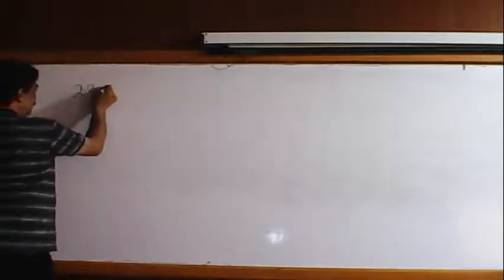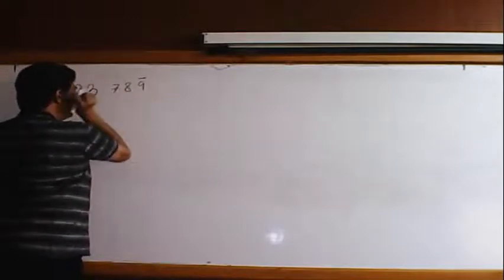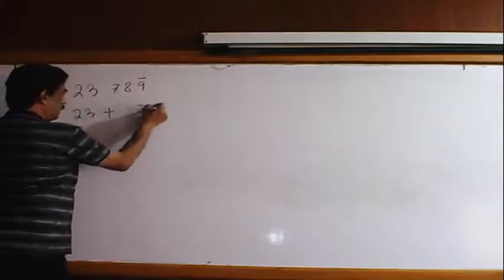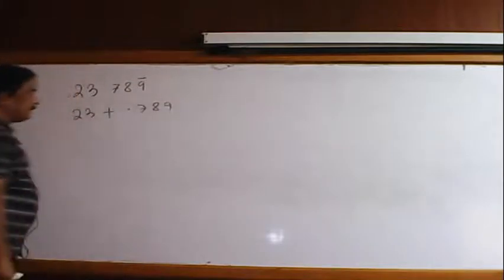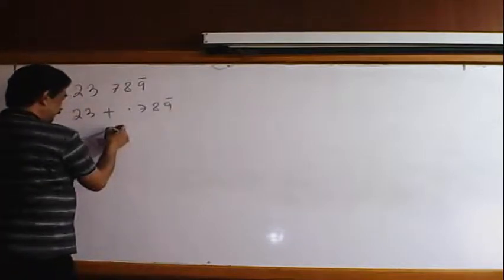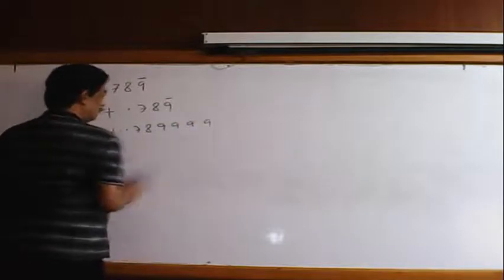Let us consider 23.789 with the recurring part. It signifies 23 plus 0.789, because recurring is always under the decimal part. This is recurring. It signifies 0.789999 and so on.